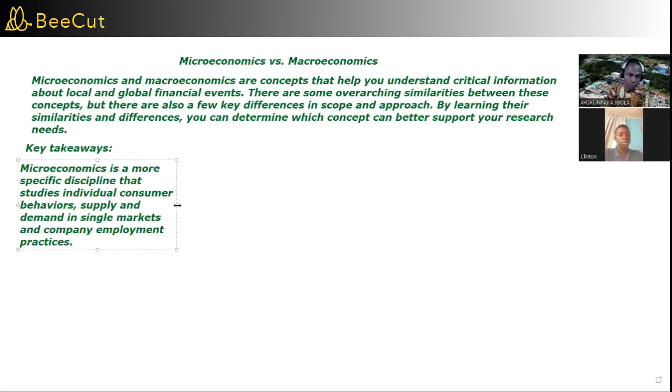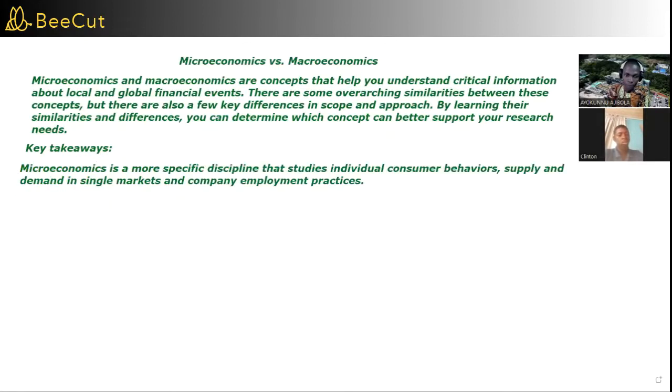So take note of that above there. That is the first point to take note of when you're comparing and contrasting between micro and macroeconomics. But macroeconomics, on the other hand, is a broader field.